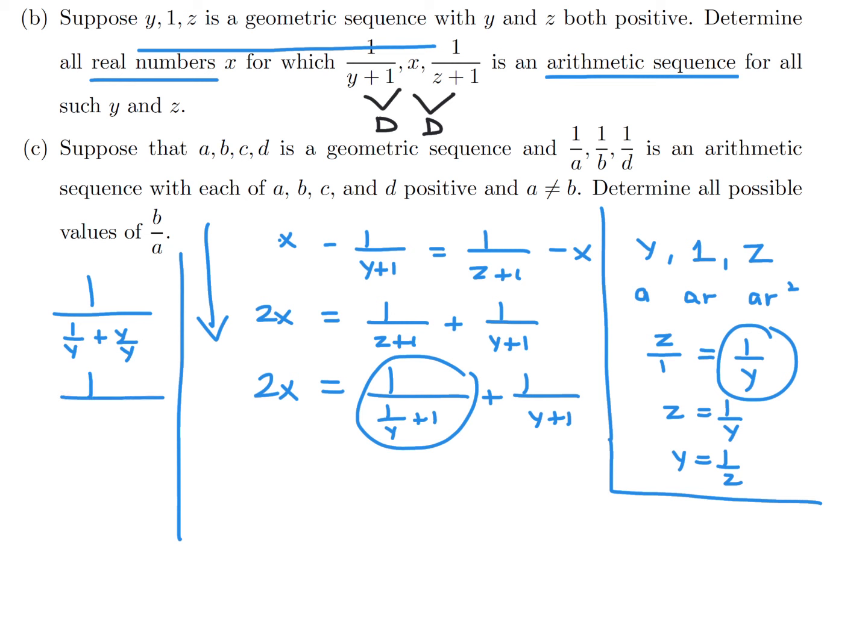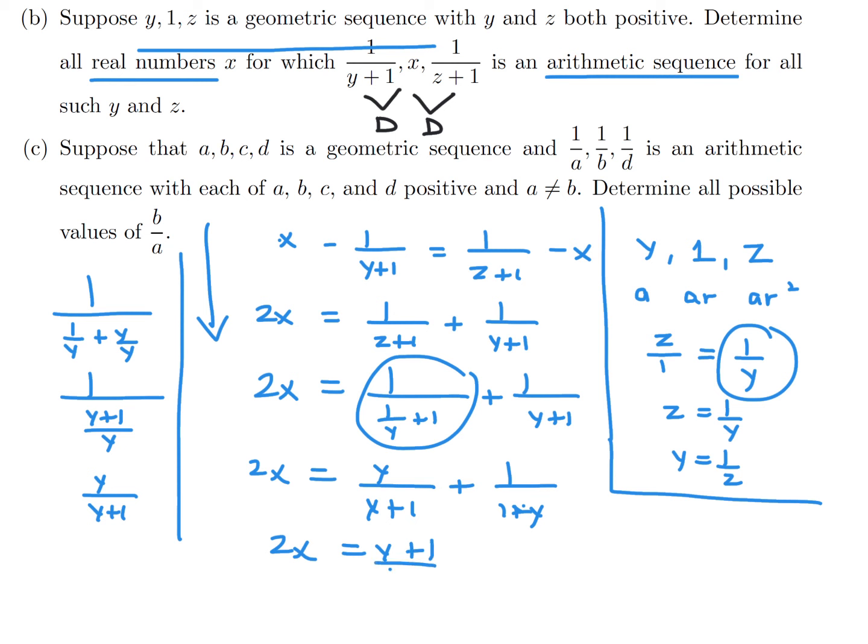So that's going to be 1 over y plus 1 over y. So that's basically y over y plus 1. So that's y over y plus 1 plus 1 over y, 1 plus y. So this is y plus 1 over y plus 1, which is basically 1. So that means x is a half.